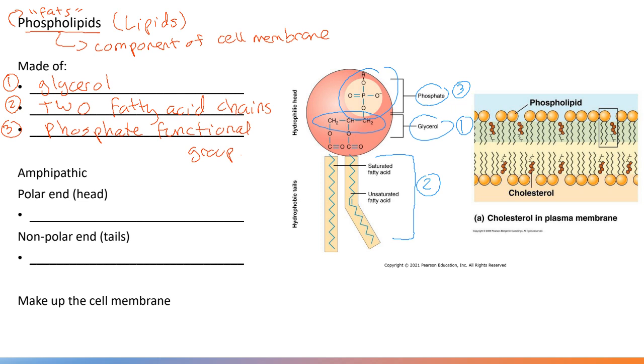Phospholipids, as we probably already know, are something called amphipathic, which means that they have a polar end and a non-polar end, right? So the polar end is going to be the head, and this polar end is going to be hydrophilic. It likes water, or interacts with water.